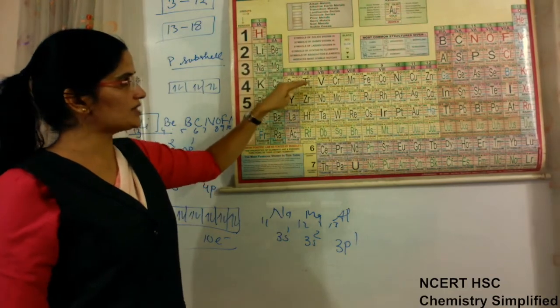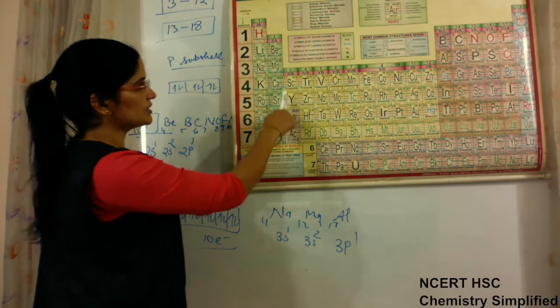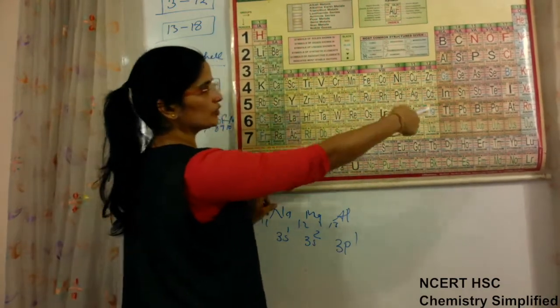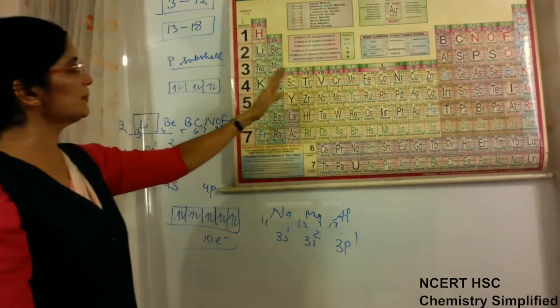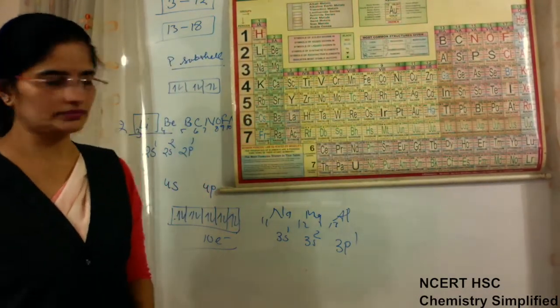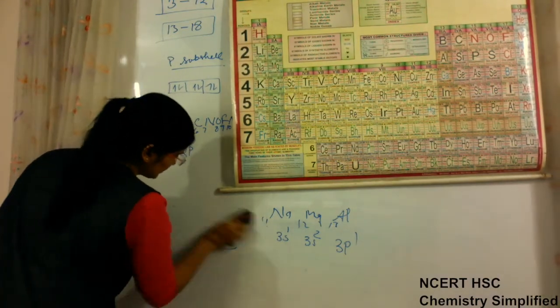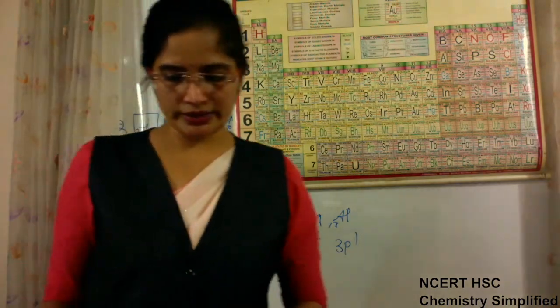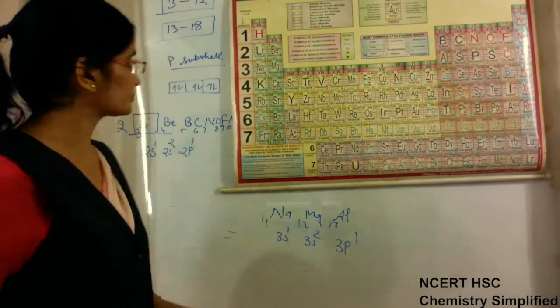When elements are arranged, one electron increases every time. So 10 more electrons can be filled, and we can have 10 elements in between s and p. Clear this thing? Are you getting what I am trying to explain? Is it clear? Yes, ma'am. Okay. Yes, ma'am.